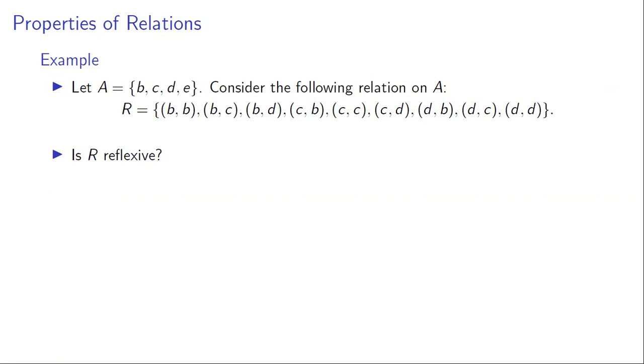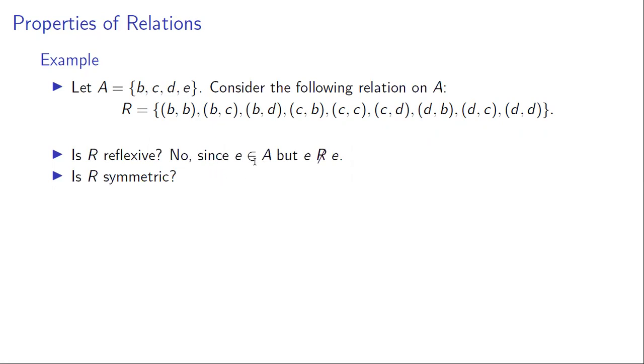In order for R to be reflexive, we would need to make sure that for every element of A, there is an ordered pair containing a double of that element. So you would have to have B comma B, which we have, C comma C, which we have, D comma D, which we have, and we would need another pair E comma E, but we don't have it.